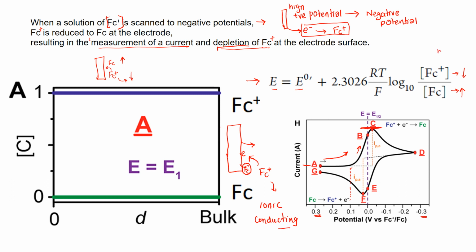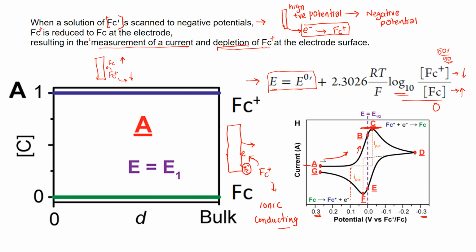So concentration will become 50% by 50%, and the log of this quantity will become 1, because 1 by 1 or 50 by 50. So concentration of A and concentration of B become the same, and this log term becomes 0, which means E becomes E naught.